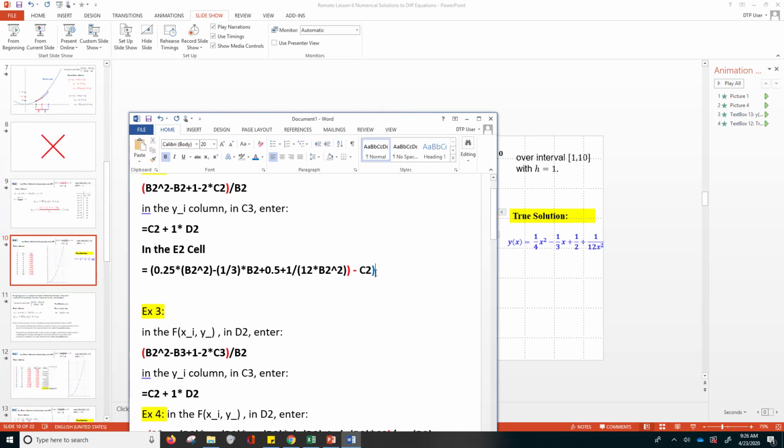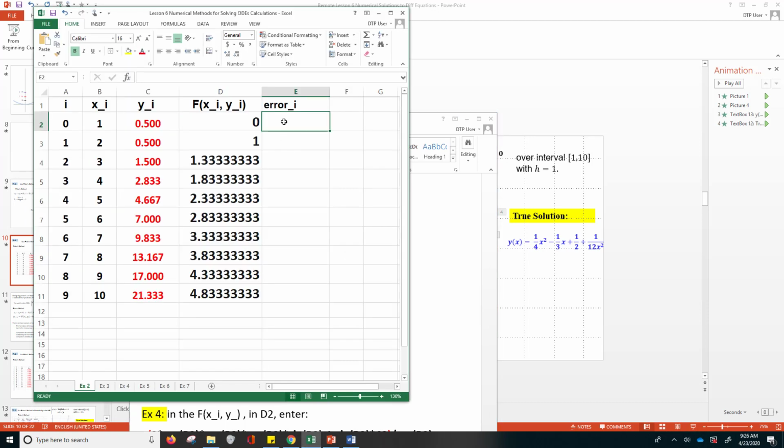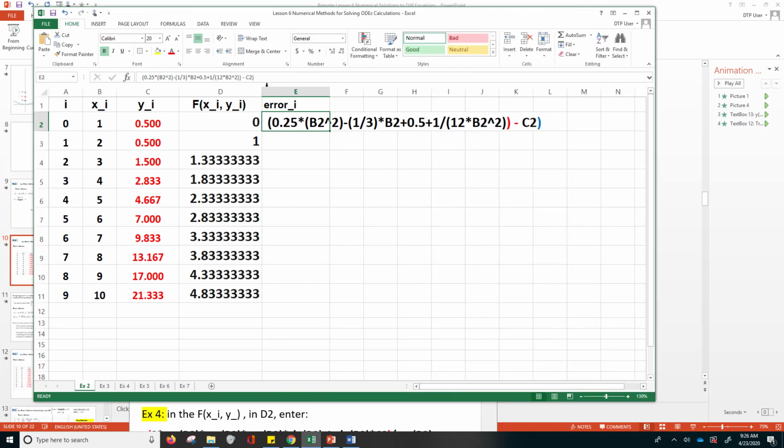All right, so I'm going to write that in here, and then I'm going to subtract from it. I'm going to put parentheses around the true value. I'm going to subtract from it C2, the estimated value. Okay, so I'm going to write an equal sign here.